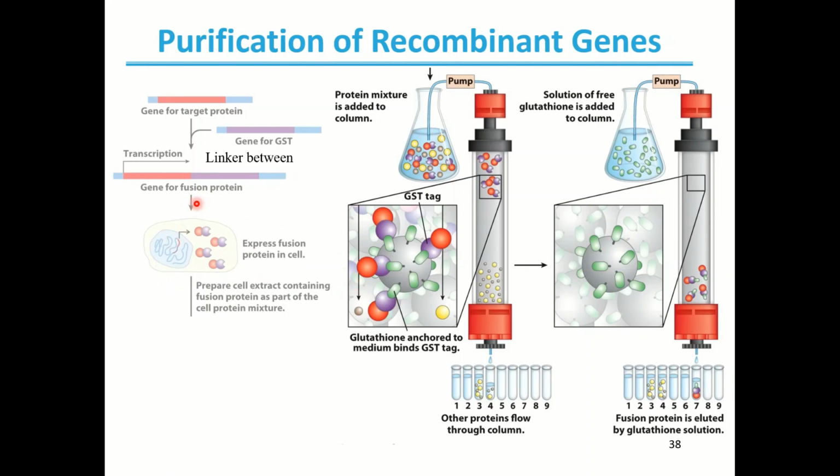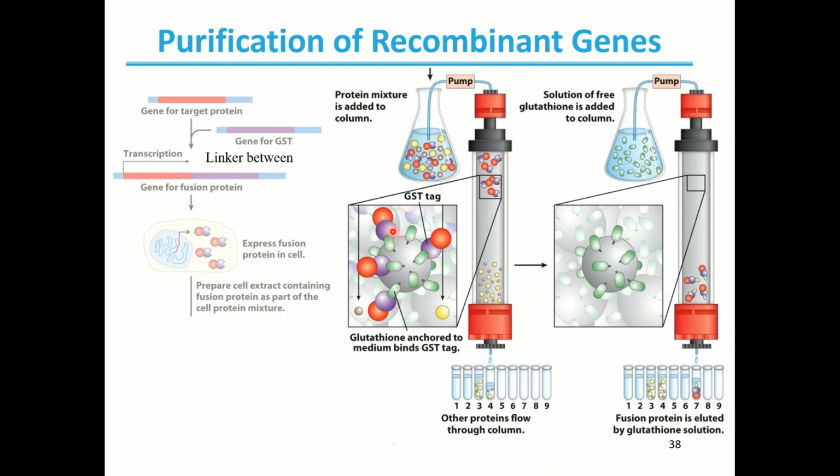This plasmid would be in a cell, and you tell this cell, okay, make a lot of this protein. It does. Then you extract that protein, you break open the cells, and you pump that mixture of what's inside the cells over your column, and that GST protein can then bind to the glutathione, which is what GST stands for, that's anchored to your column bead.